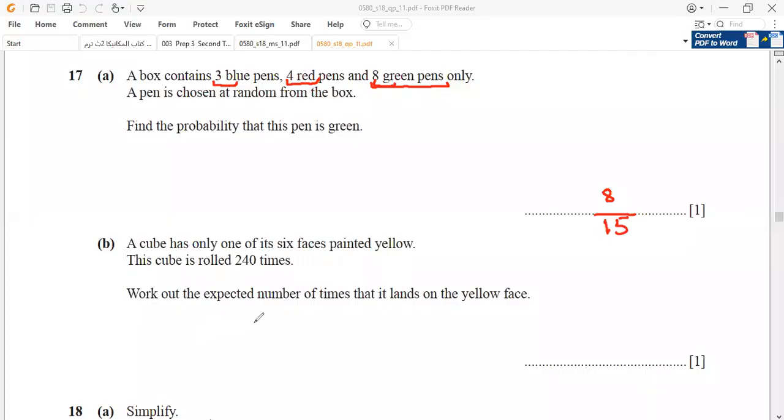To find the answer to this question, we know that the cube has 6 faces and only one face is painted yellow.